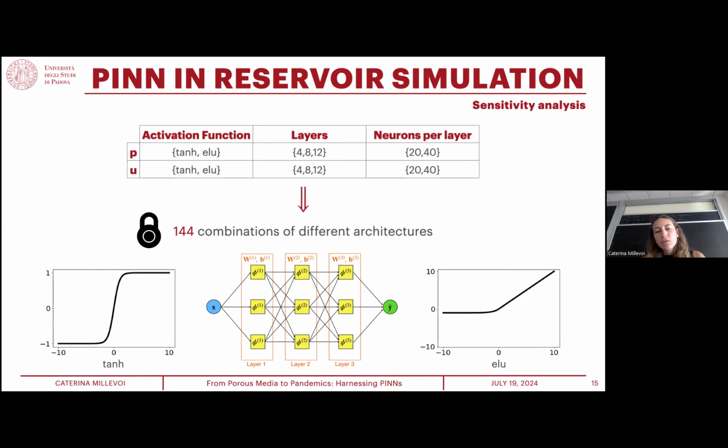Then we wanted to find out if there exists a suitable architecture for those kinds of problems. So we let the hyperparameters vary in these sets, performed a full factorial combination, and analyzed all the different 144 combinations of architectures.